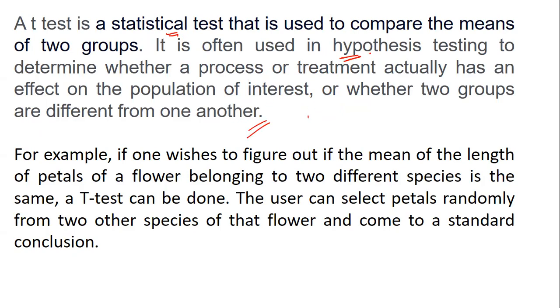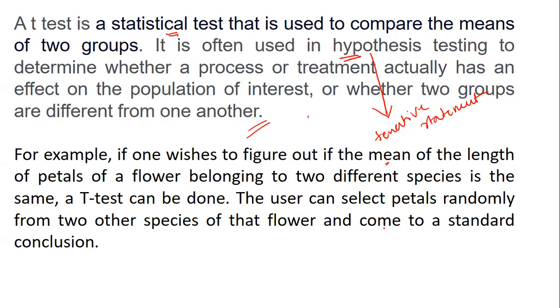Everyone knows very well that a hypothesis is nothing but a tentative statement. So in order to judge this tentative statement and come out with a result, we use the t-test. Let me give a clear example. If you wish to figure out the mean length of petals of a flower belonging to two different species, the t-test can be done.